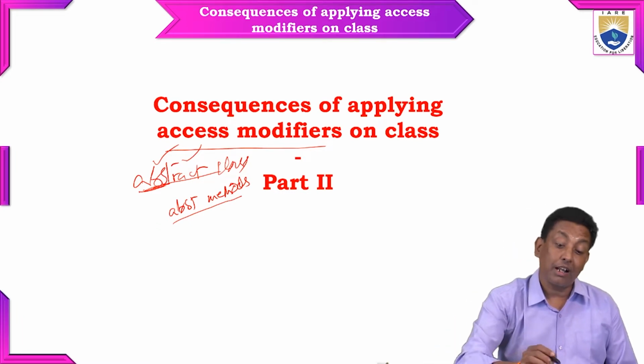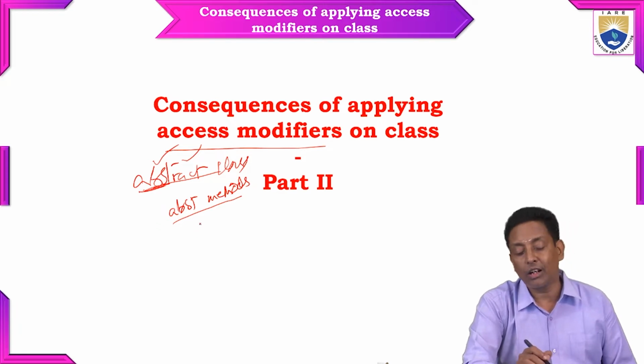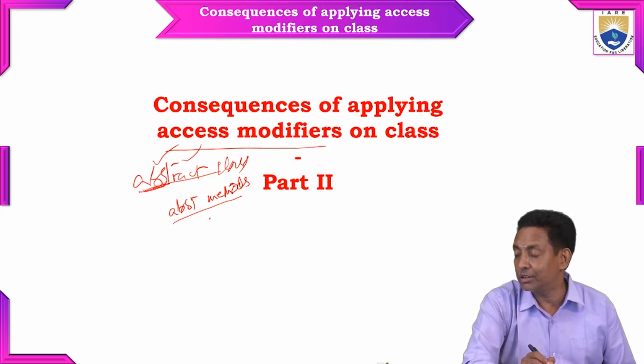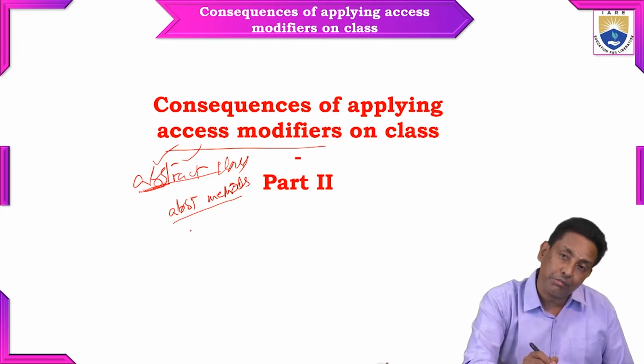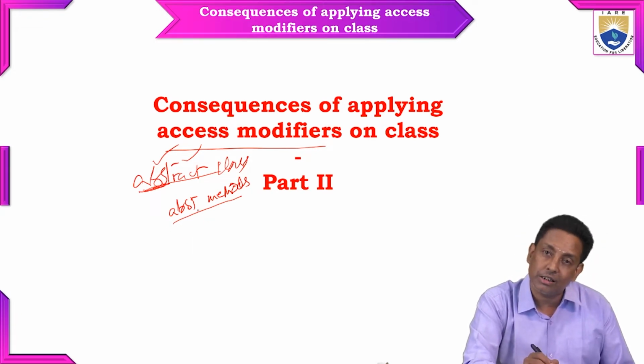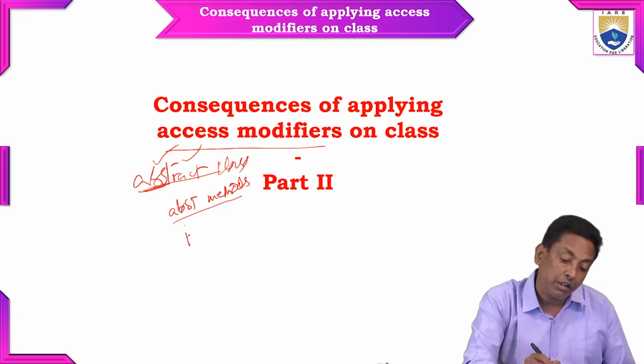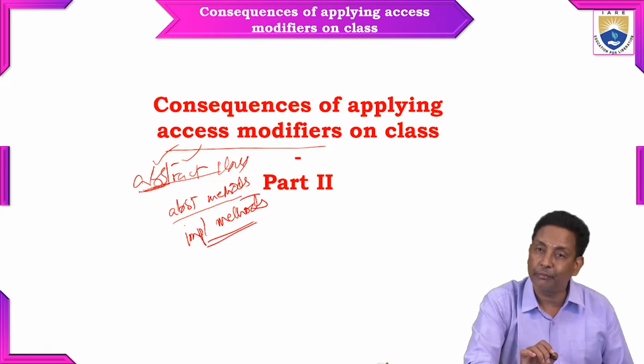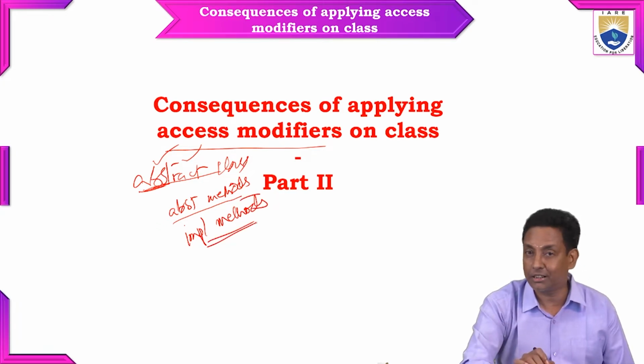So you may immediately ask me one doubt: without having abstract methods, why do we need to declare a class as abstract? The class contains all implemented methods. No abstract methods exist.